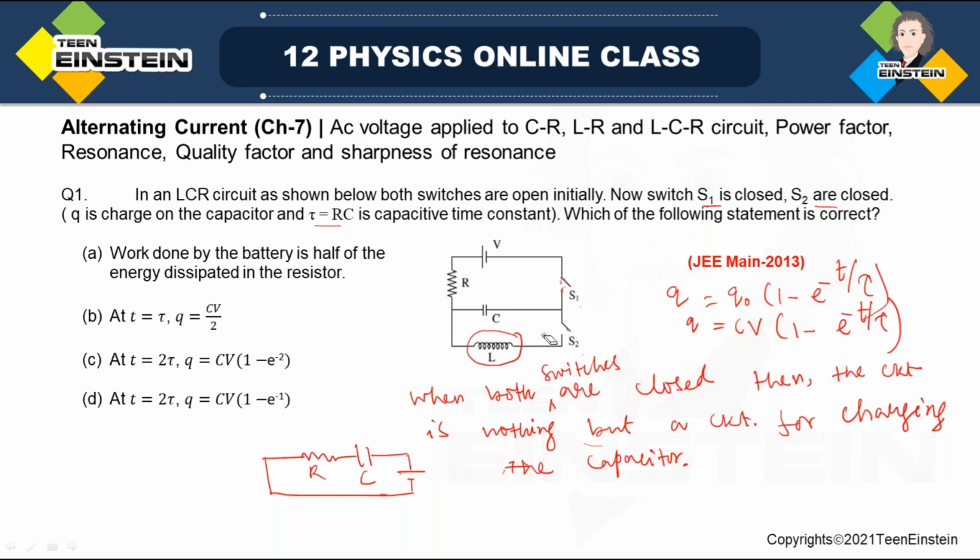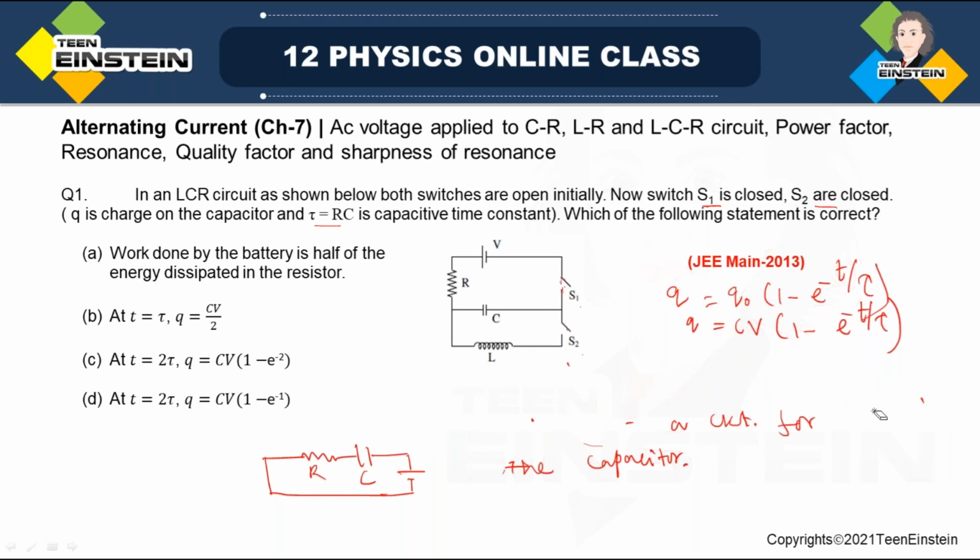Now look, I'll just erase this line. So the three options, let us see. When t is equal to tau, exactly tau, then what happens?